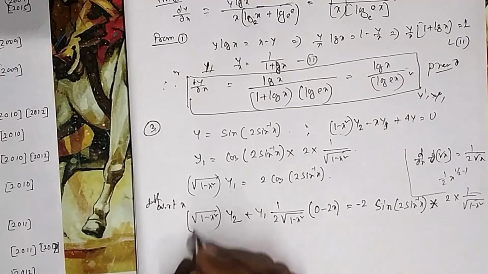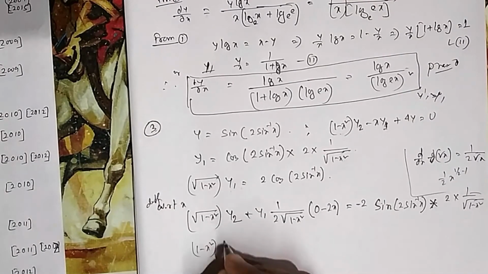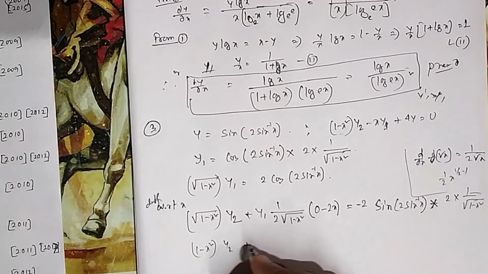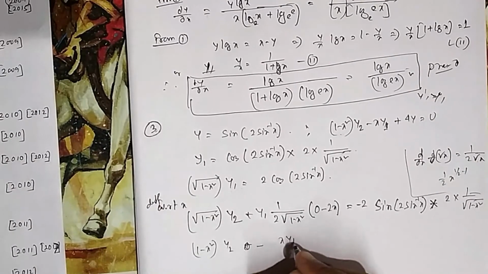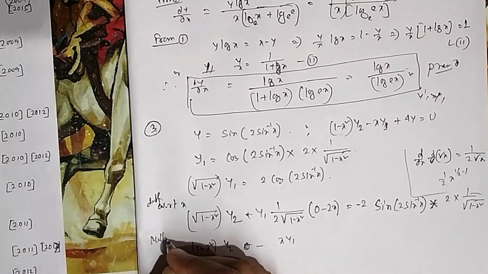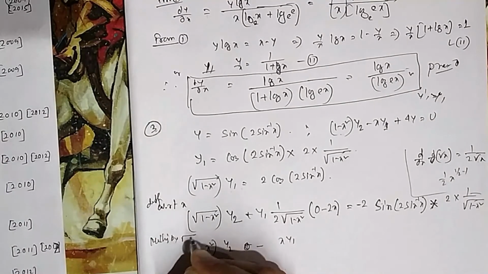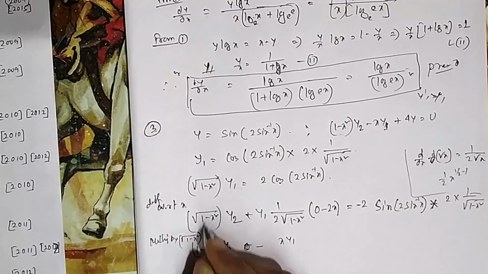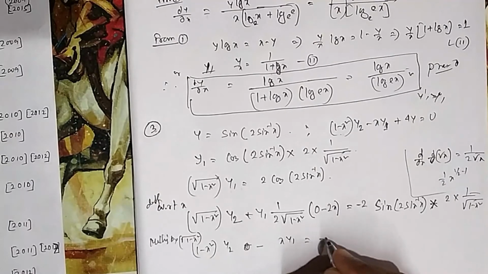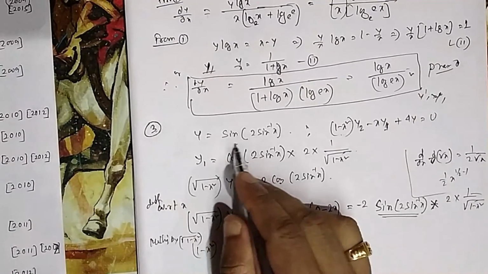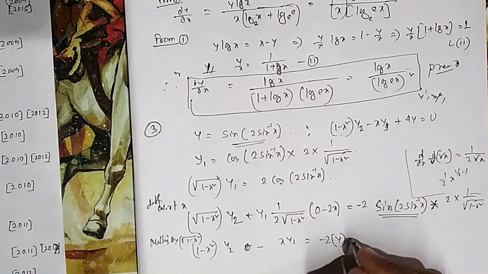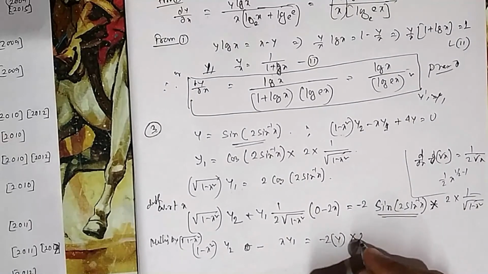So this will be 1 minus x square y2, and this 2 you can get cancelled, so it will be minus xy1, and this cancelled out, and here it will be minus 2 into, instead of this one you can write the original y back again. So minus 2y into 2.